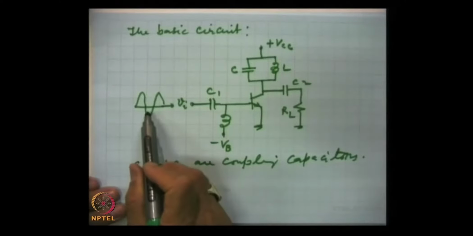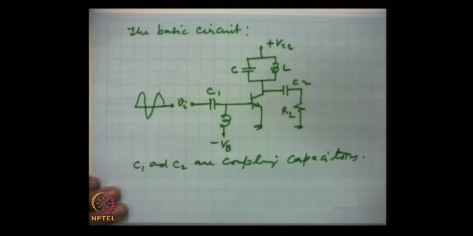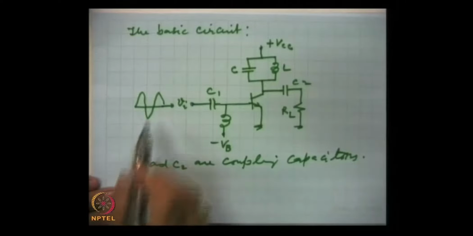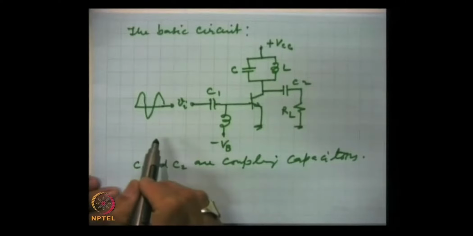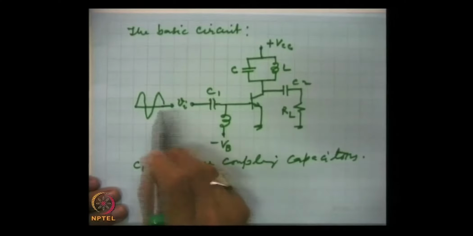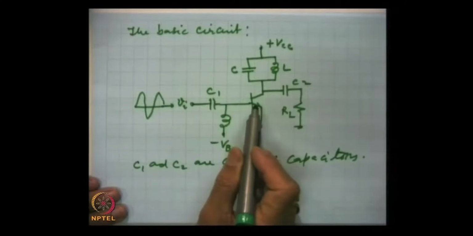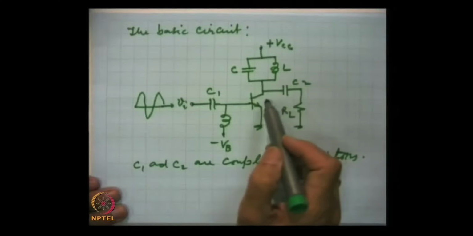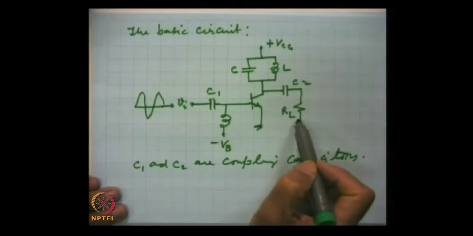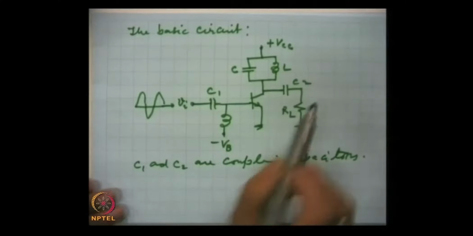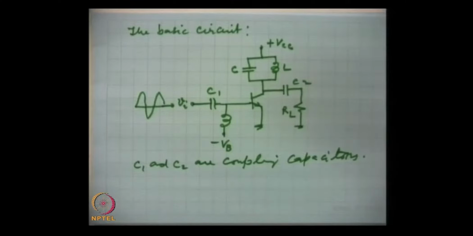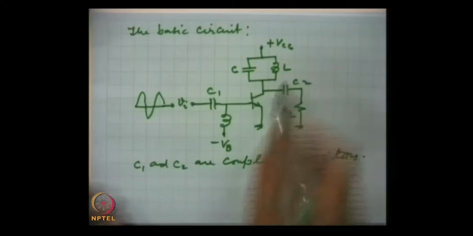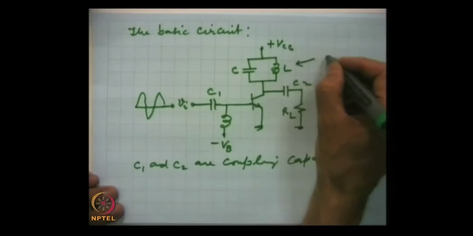This input signal, which for simplicity we will take as a sinusoidal signal, and actually in practice also sinusoidal input signals are used with class C operation, is coupled to the amplifier. Here the power is coupled to the load RL through another capacitor, C2, and this is the tank circuit.